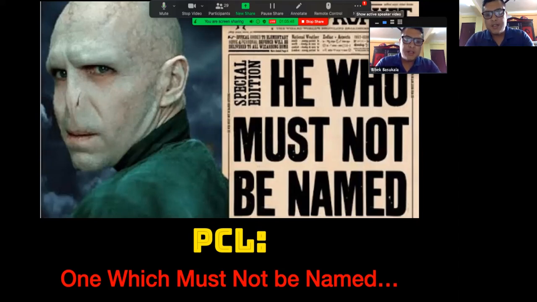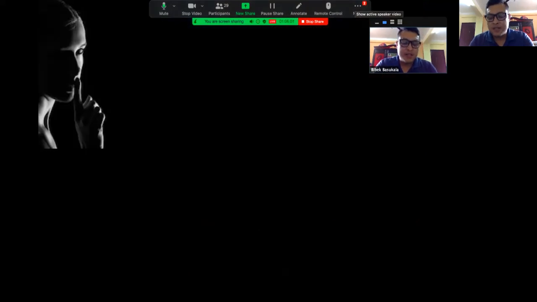So PCL, not very long ago, used to be considered the Lord Voldemort of the Harry Potter series, the ligament which must not be named. What I meant by this is, a few years back, we didn't used to talk about PCL. Surgical treatment of PCL used to be considered a taboo.